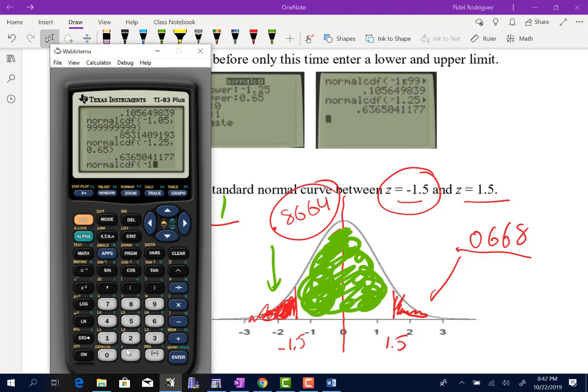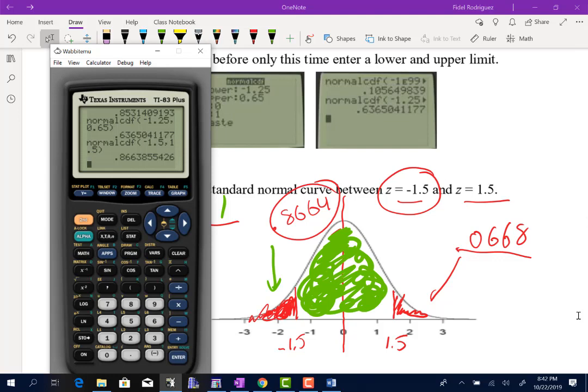Negative 1.5, comma, 1.5, close it off. We should be coming up with 0.8664. Hey, there we go. If we round that 3 to a 4, we're going to be good, aren't we? There you go.